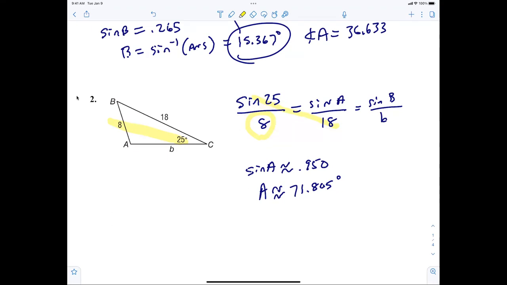Okay. And then what? And then inverse sine. Now that we have A is 71.805, what is B?